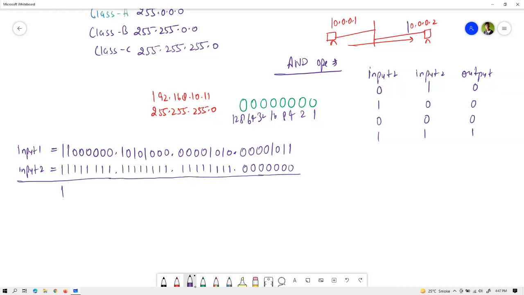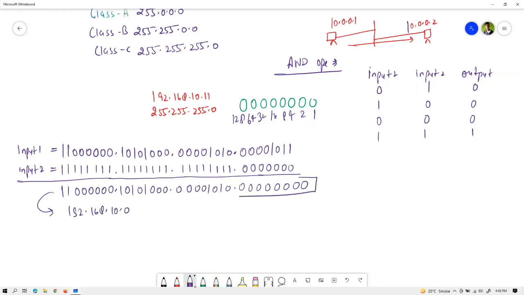Okay, convert this to decimal: 192, 168, 10.0. The last octet is fully 0.